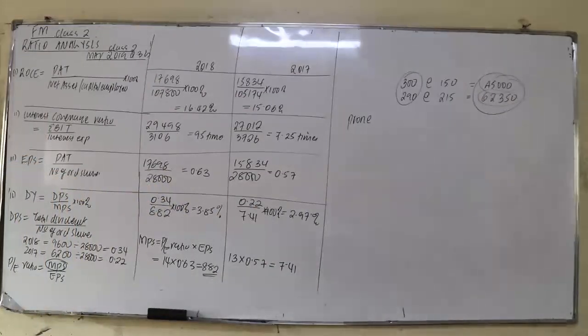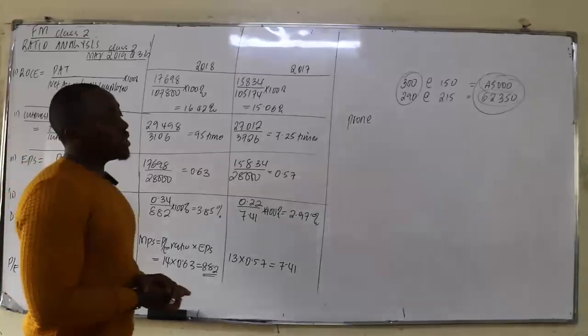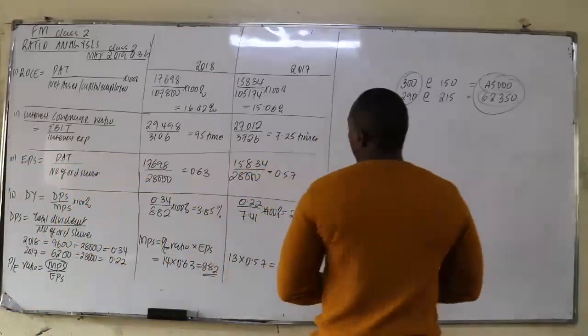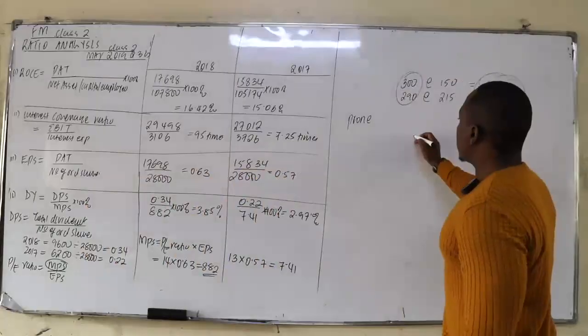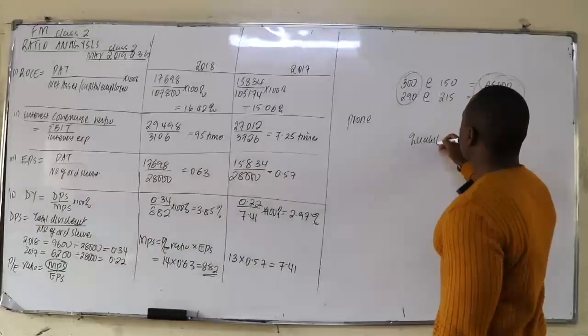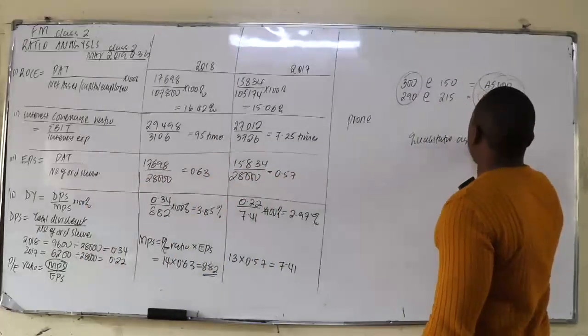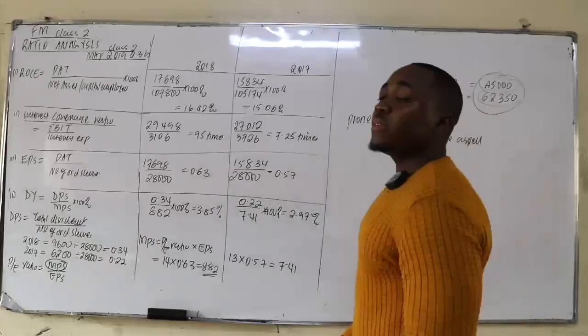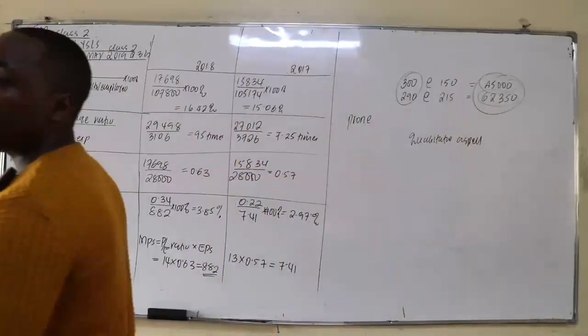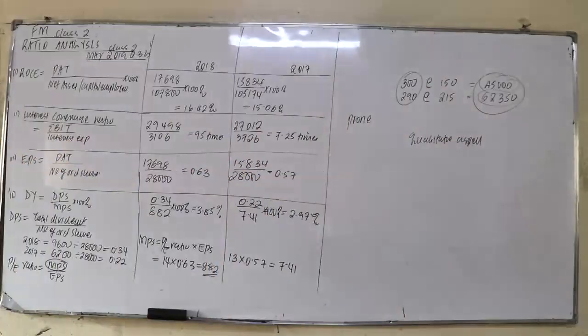Another one, ratios ignore the qualitative aspect, since they only capture the quantitative aspect.